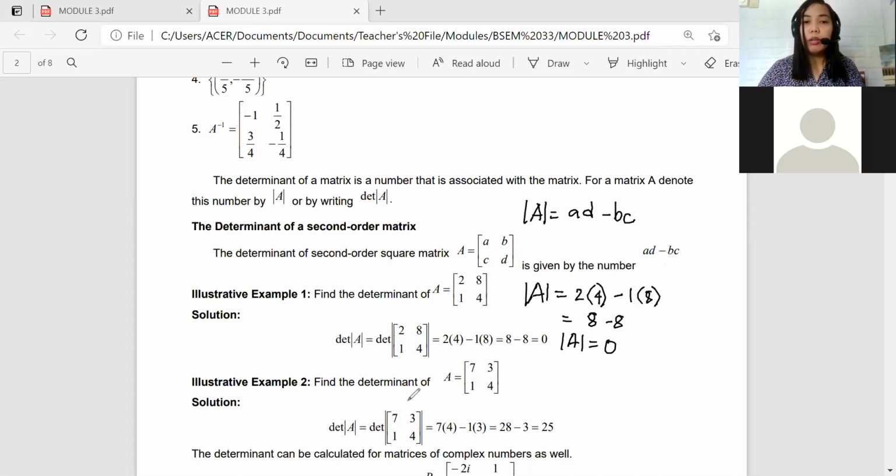And then find the determinant. Another example, find the determinant of this matrix, matrix A. The determinant of matrix A is, so we'll just multiply diagonally, 7 multiplied by 4 minus 1 times 3.